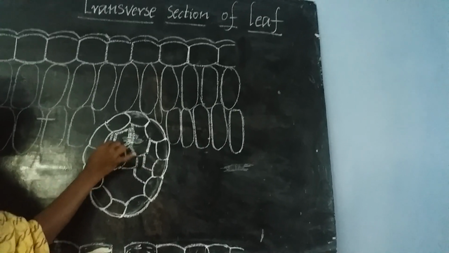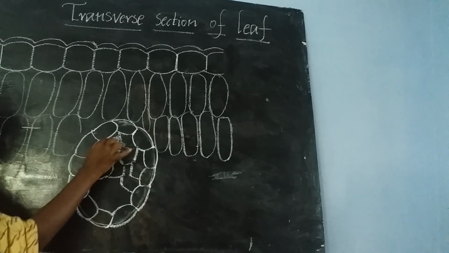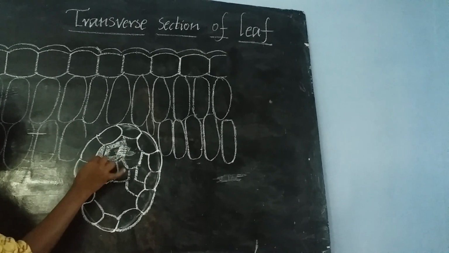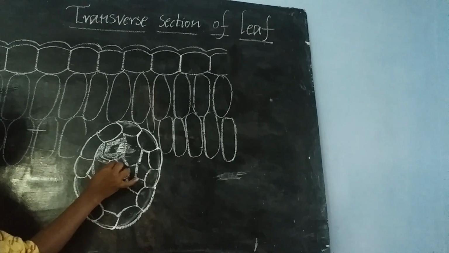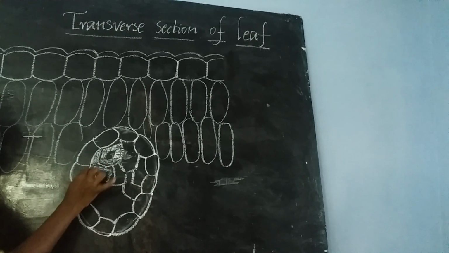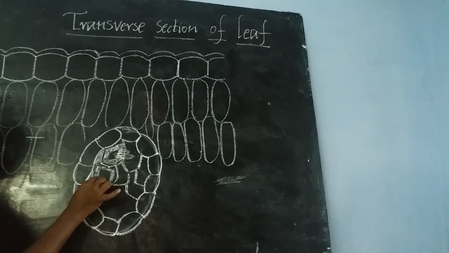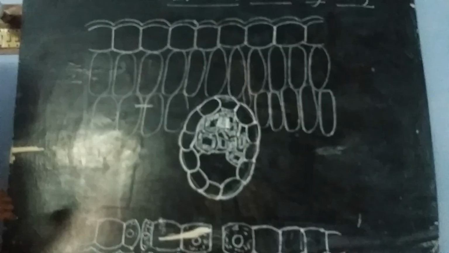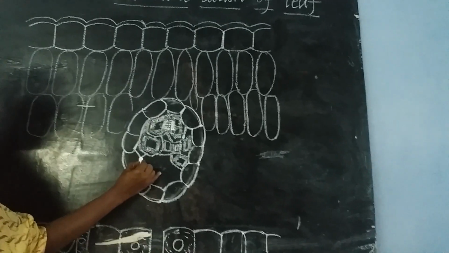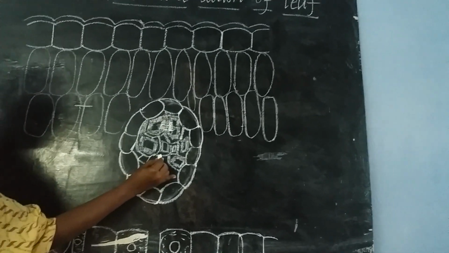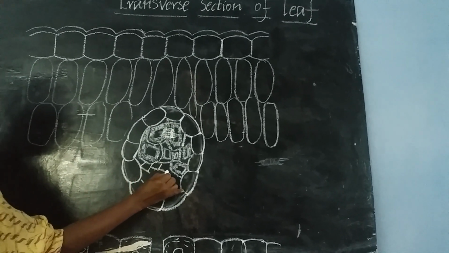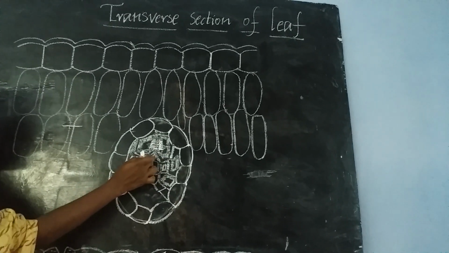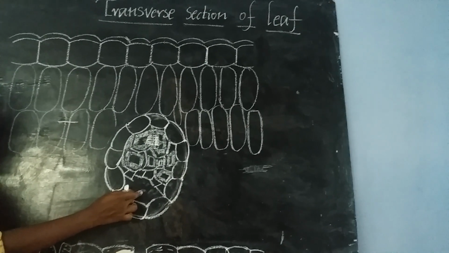You just darken it. Like this, you have to darken all the cells. Now the down part I am drawing like this. This indicates xylem, this indicates phloem. The upper part is the xylem and the lower part is phloem.